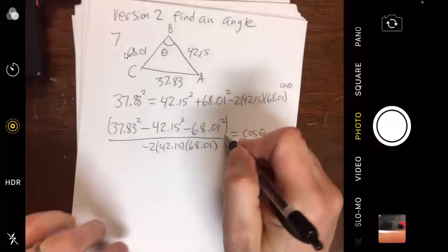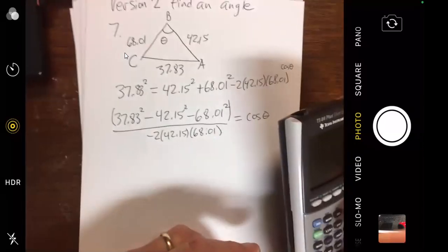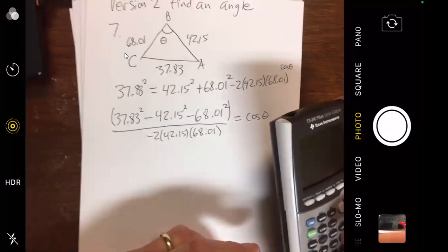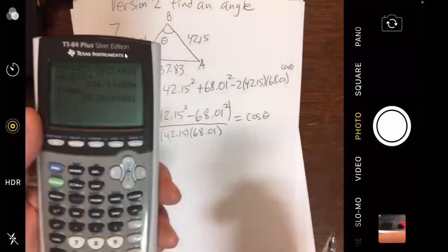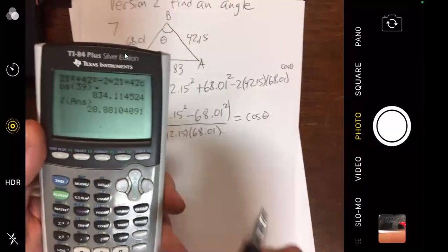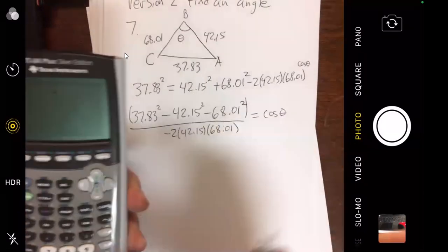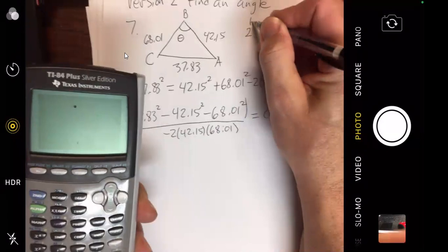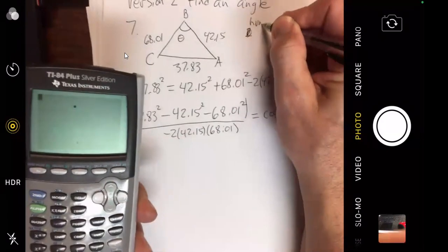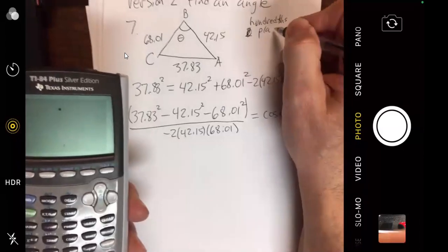And yeah, it's a kind of a long, nasty punch, but it really isn't hard. This is hundredths place precision.